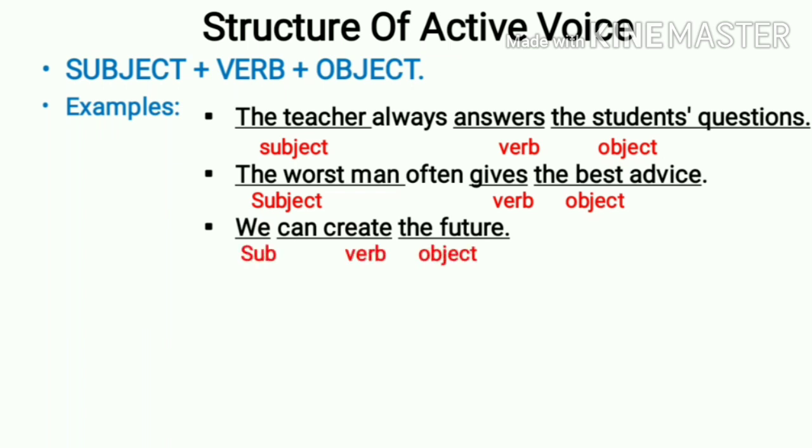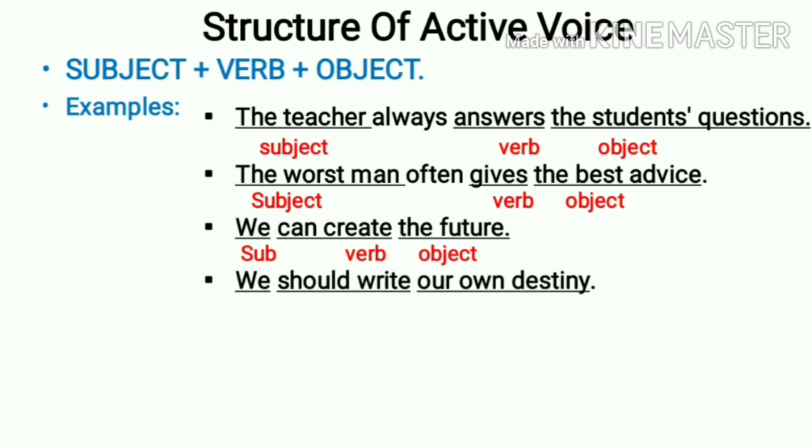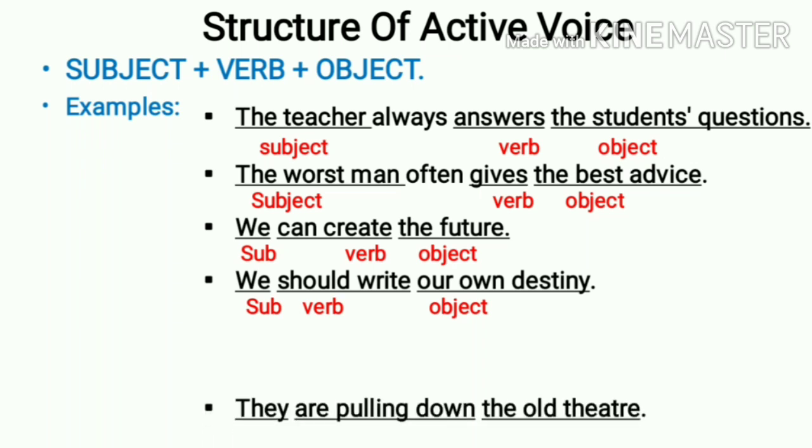Can create is verb, the future, that is object. We should write our own destiny. What is subject? We is subject, should write is verb, and what we write? Our own destiny. So our own destiny is object.